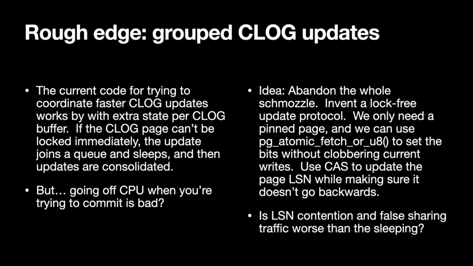And while I was thinking about what type of locking you actually need to access clog pages, initially I realized you probably only need a pin to be able to read it. This is an idea, and as I say, I don't know if it's a good one. I think it must be better than going to sleep if you can keep all of the concurrently committing backends on CPU and have them use atomics to update the clog page.